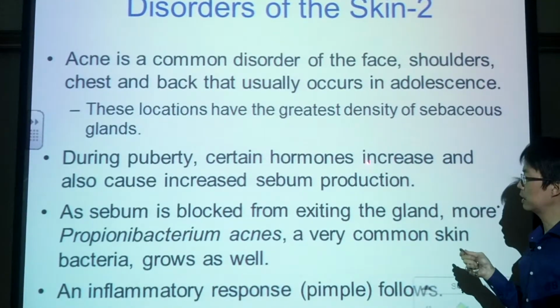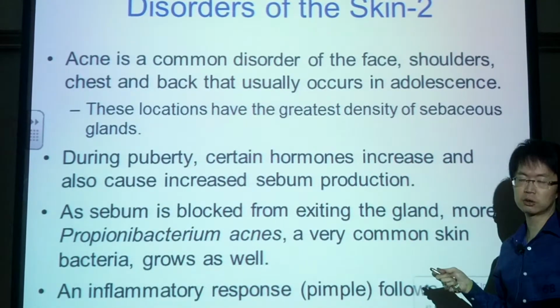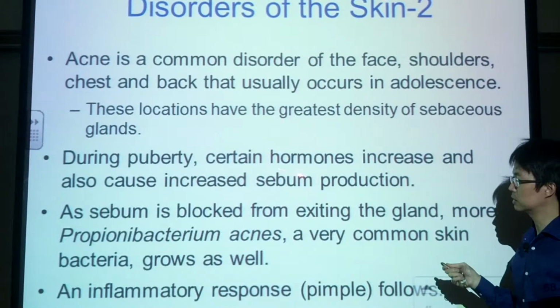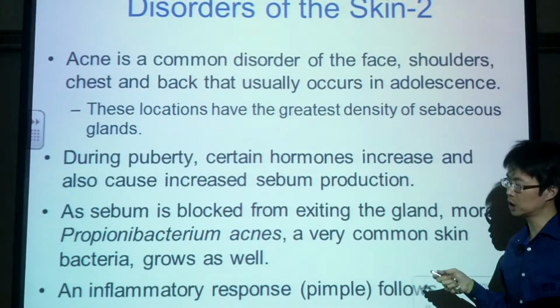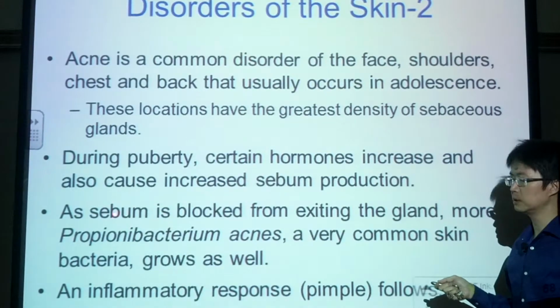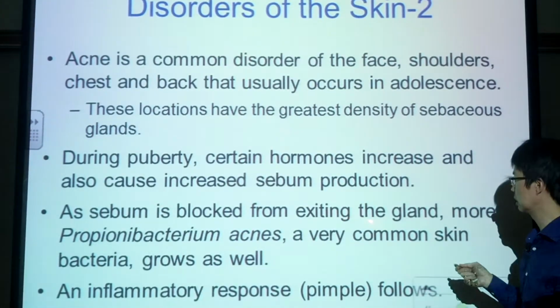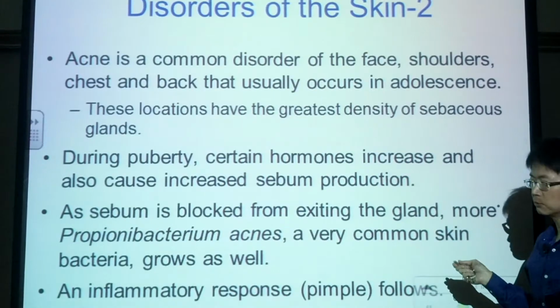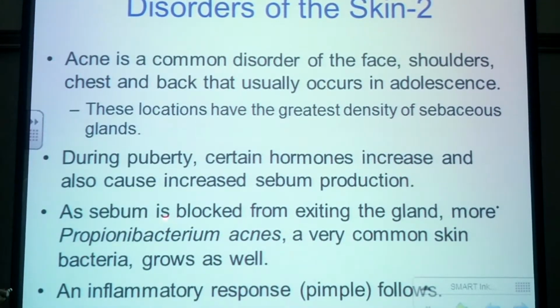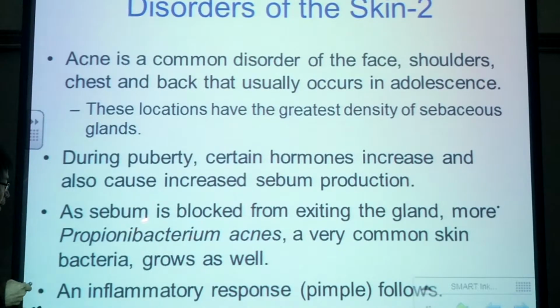And then because we have a hormone surge during puberty that causes the increase in the sebum or the oil production. When you have too much oil or sebum secreted, it will block the sebaceous gland, you block the oil gland, and then you will have this bacterial infection.